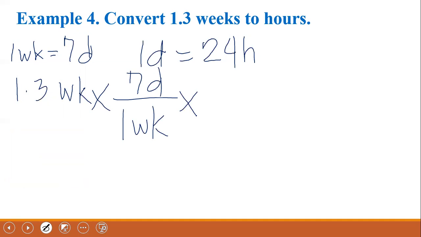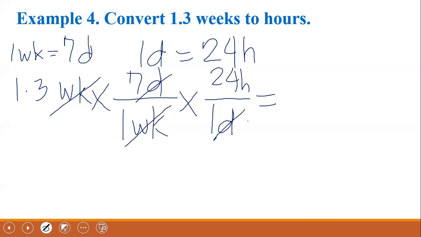Okay, so we cancel the undesired unit. So natira si day. So para makuha natin si hour, so in 1 day, there are 24 hours. So cancel again the undesired unit.